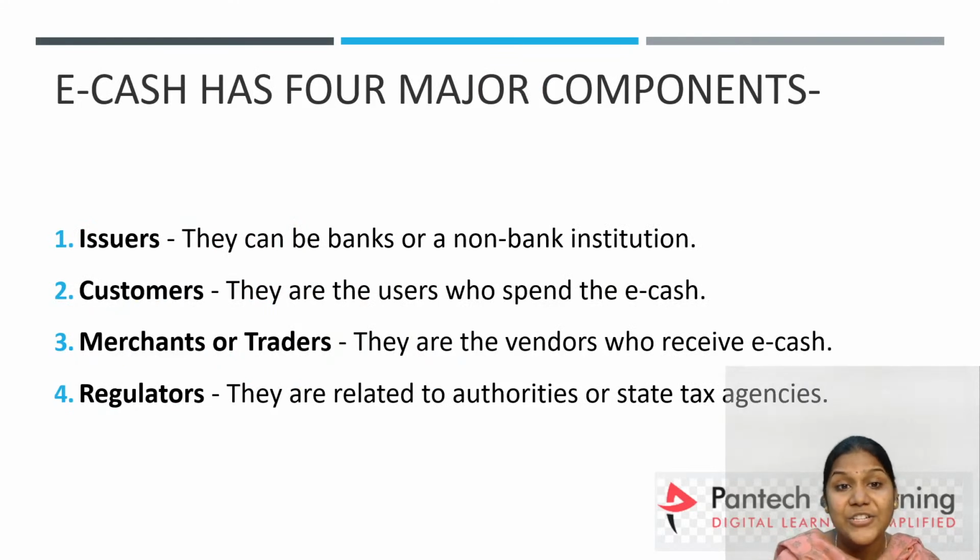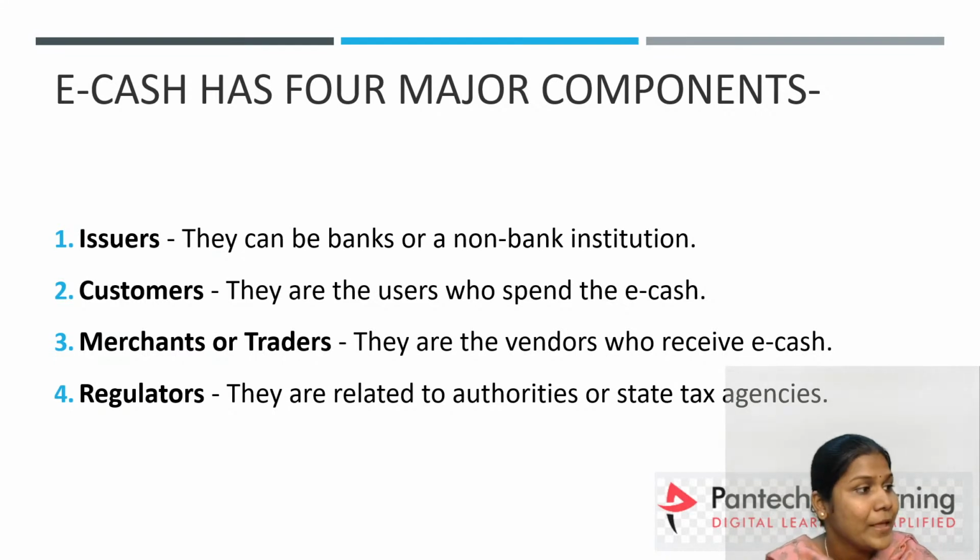Okay. E-cash has four major components. What are they? Issuers, customers, merchants or traders, and regulators. Issuers means banks or non-bank institutions. Customers are the ones who spend the amount to buy any products. Merchants or traders are the vendors who receive e-cash, meaning the shop owners.